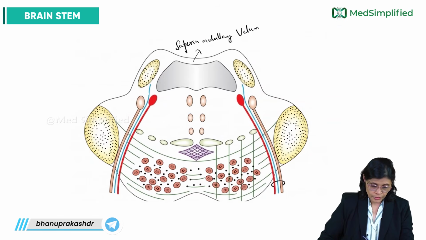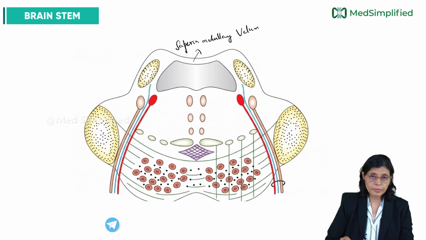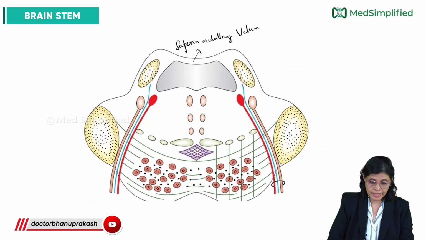So here when we take the upper part, or the cranial part of the pons, it basically passes through the trigeminal nuclei. So now what are the structures we will see?